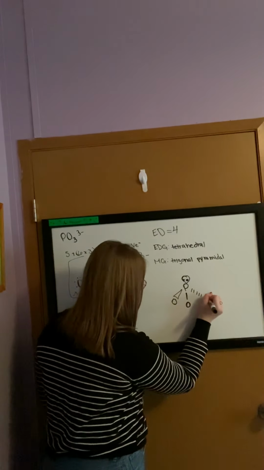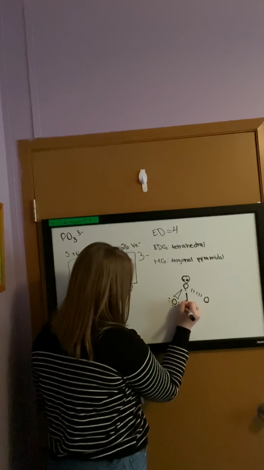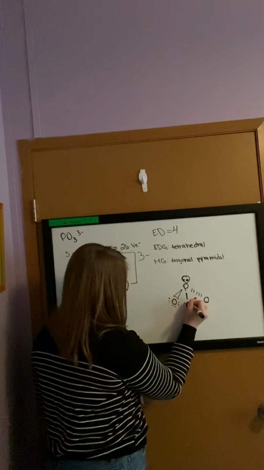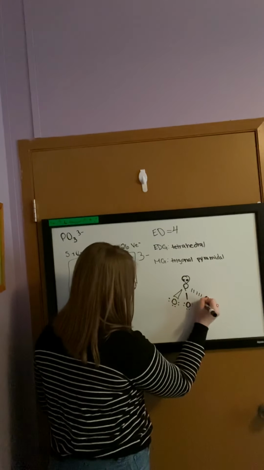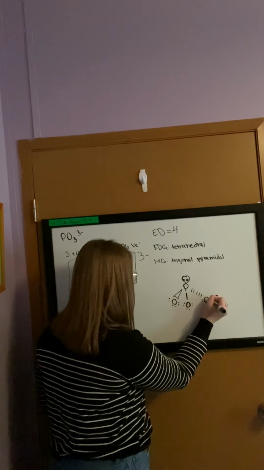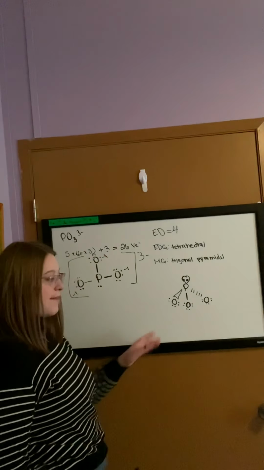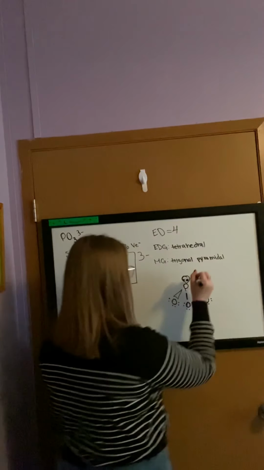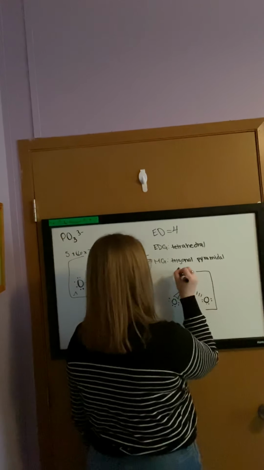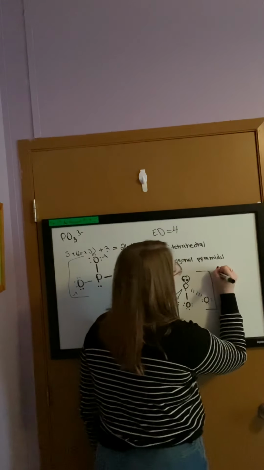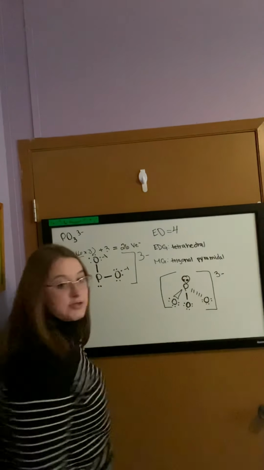And now we are going to fill the octet of oxygen. Now, the most important step after you do this is to make sure you put brackets around it and you put that it's -3 charged.